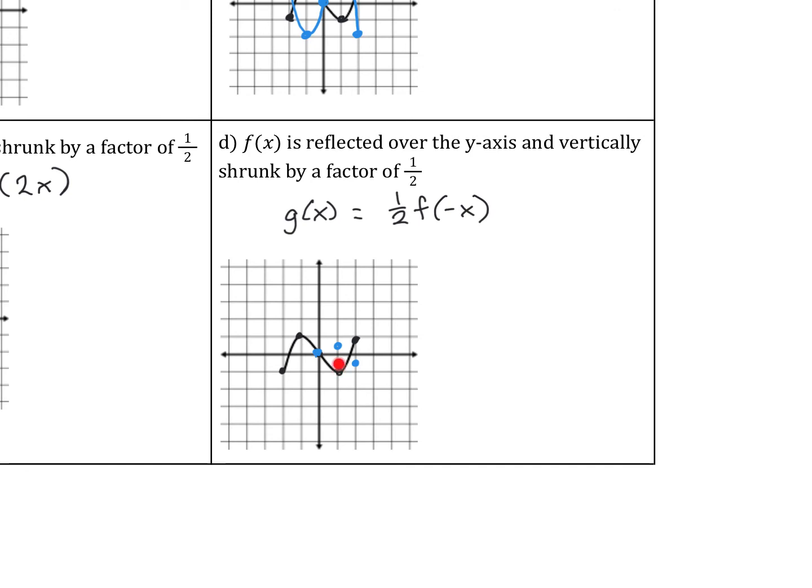For this one, the y value is cut in half, and then you multiply the x value by -1. And here, the y value is cut in half, and you multiply the x value by -1. So you can see that our graph kind of looks like if you put your hands on the top and bottom and squish it down, that's a vertical shrink. And you can see that it is reflected over the y-axis.